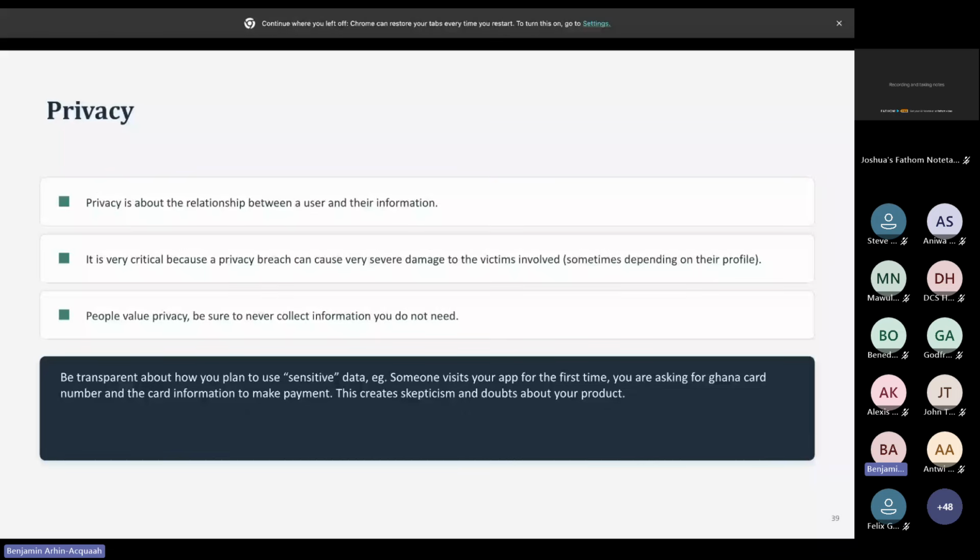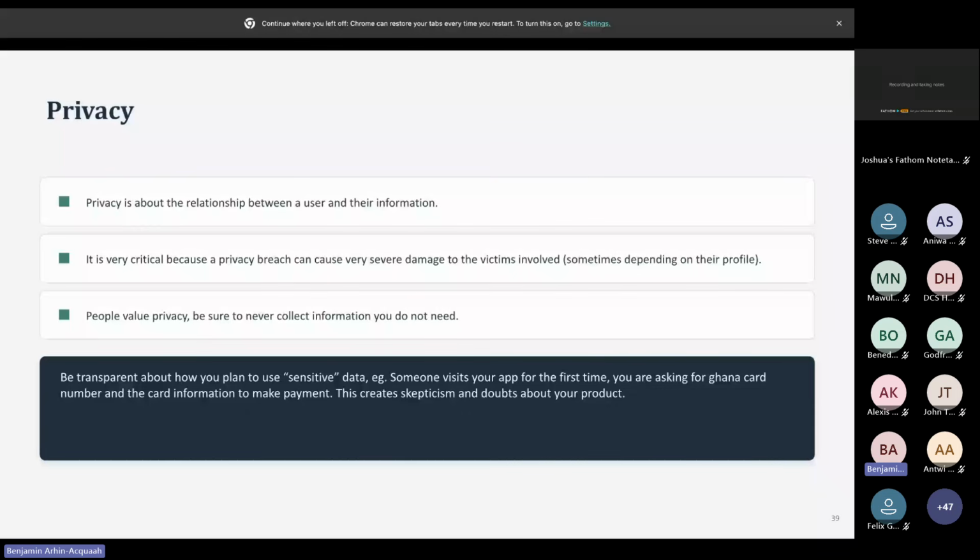So if you are building a product for the student community and you are collecting their student ID number or anything that directly ties to the identity of the person creating the account, then you have a big responsibility to make sure that information does not leak or get compromised. So when you are building products, always be transparent about how you plan to use sensitive data, right?